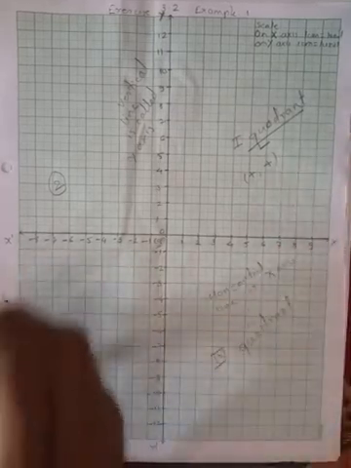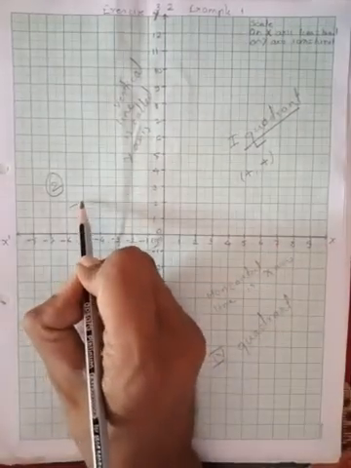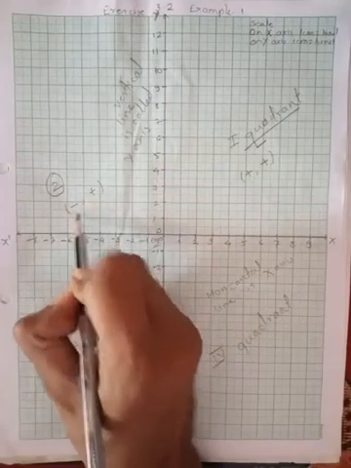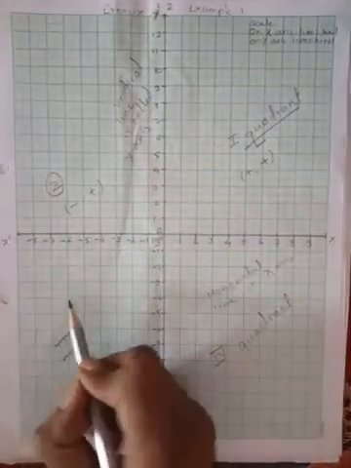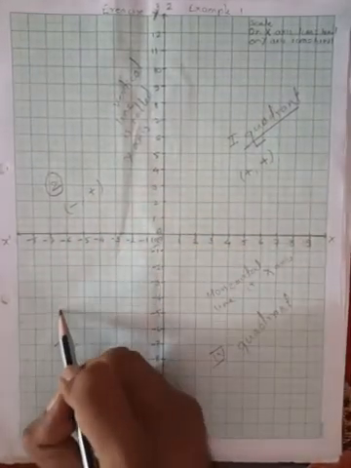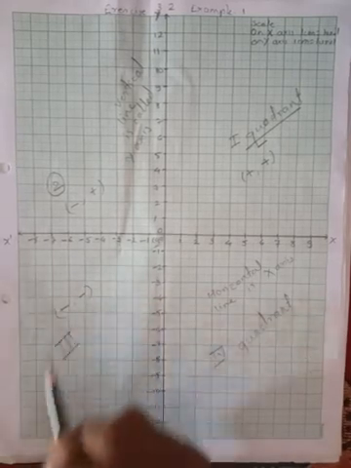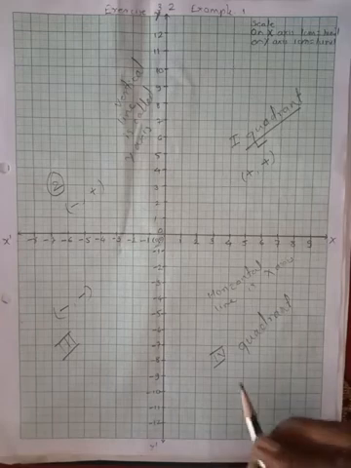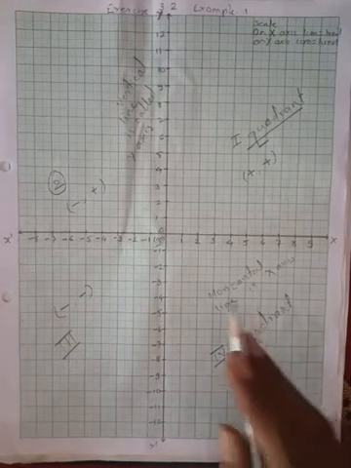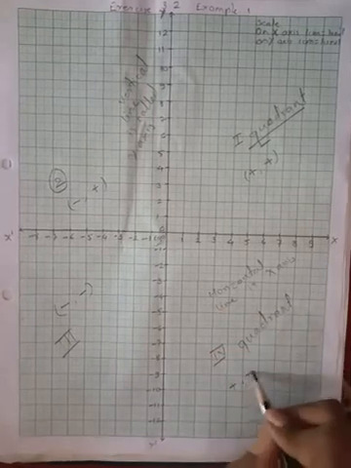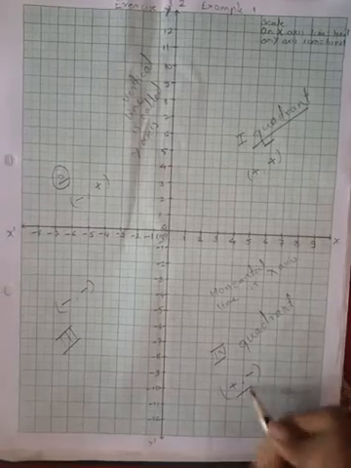In second quadrant we will have x coordinate negative and y coordinate positive. In third quadrant we will have x coordinate negative and y coordinate also negative. In fourth quadrant we will have x coordinate positive and y coordinate negative.